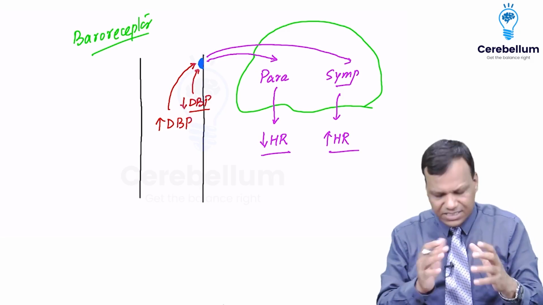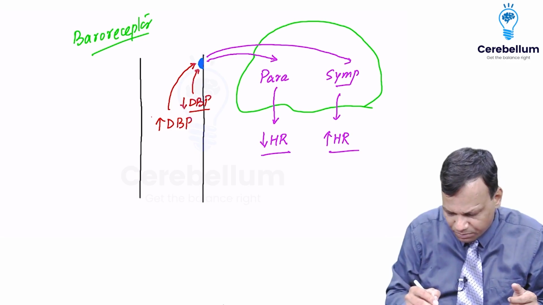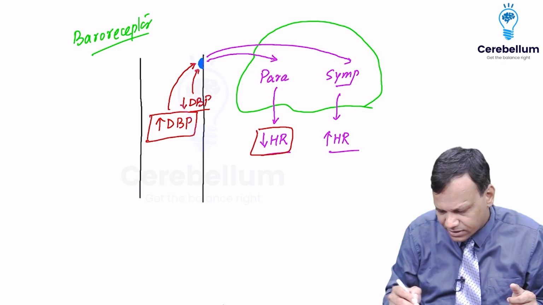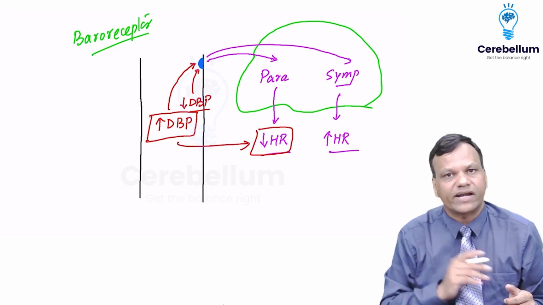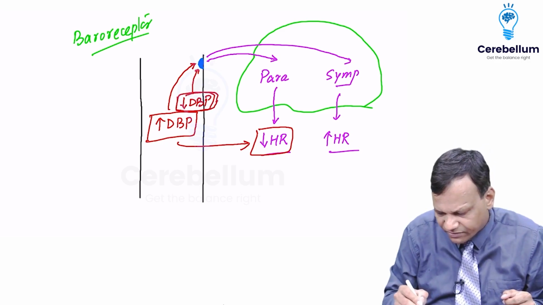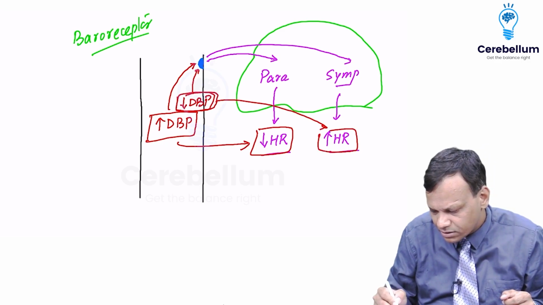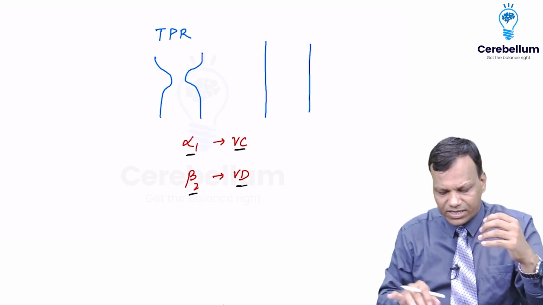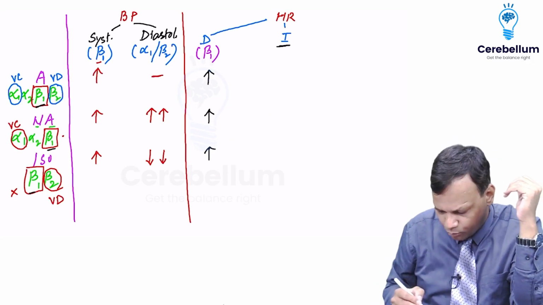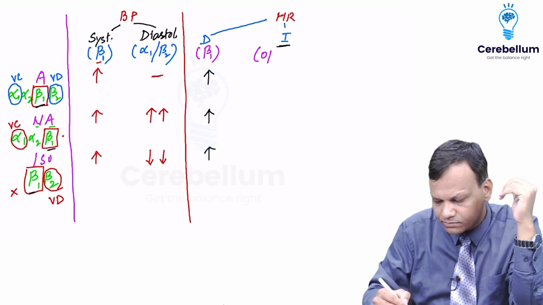So you can see that whenever diastolic BP increases, the indirect effect is to decrease heart rate. Whenever diastolic BP decreases, the indirect effect is to increase heart rate. So in very simple language, you can understand that the indirect effect on the heart rate is opposite to diastolic BP.